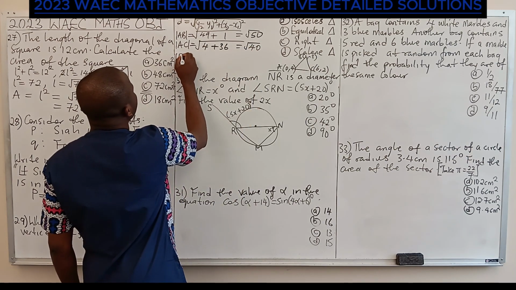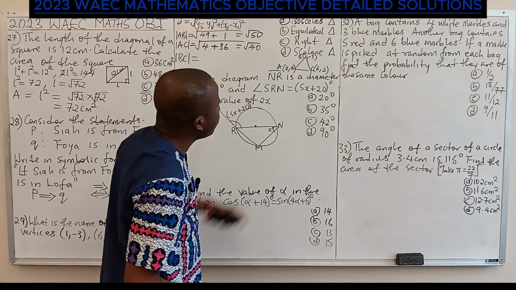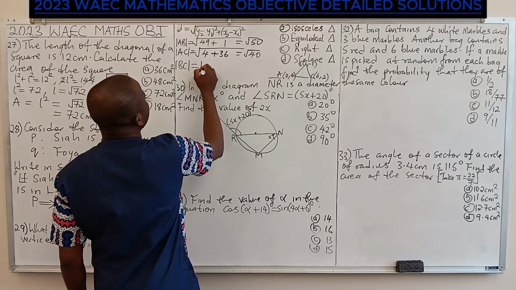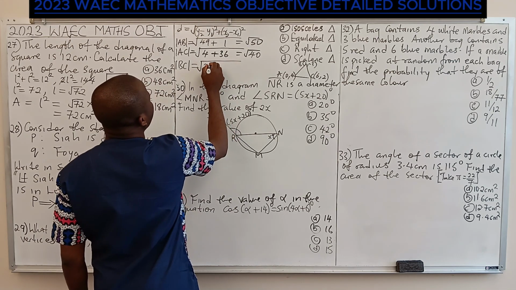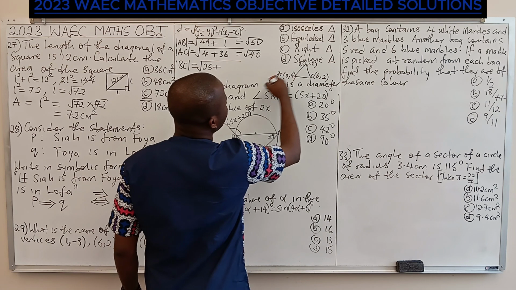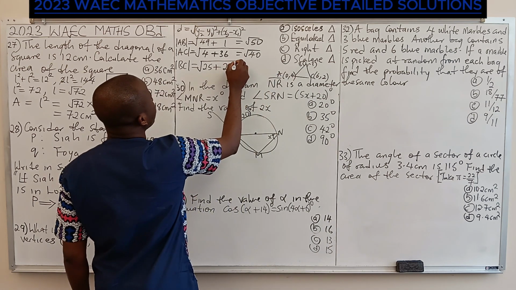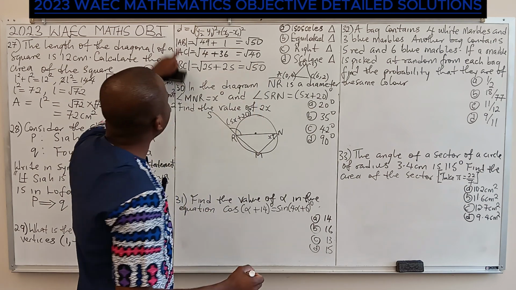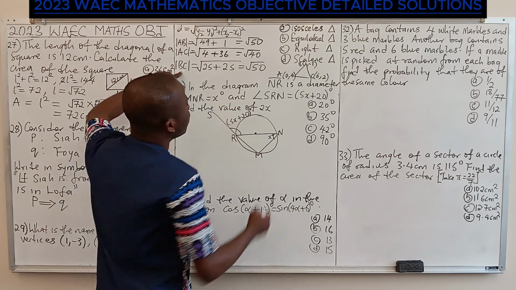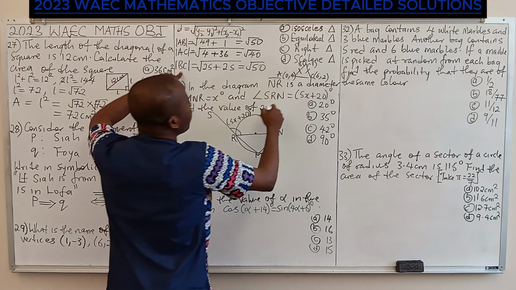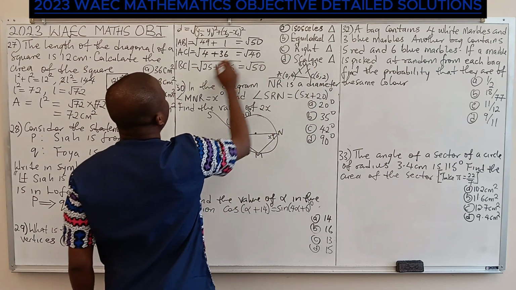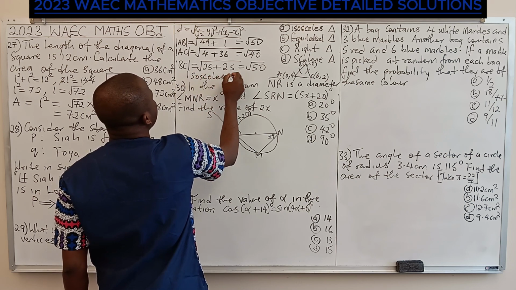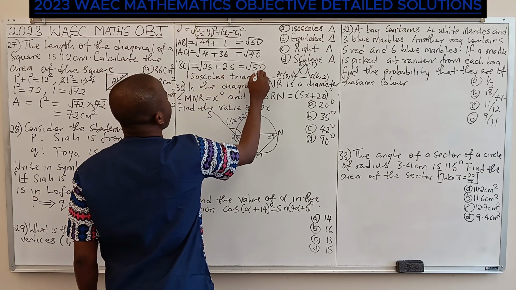And BC will be minus 2 minus minus 3, which is 1, plus 6 minus 1 is 5, 5 square is 25, and this will be root 50. So it means length AB and length BC are the same in length. That implies this is an isosceles triangle, which is A.